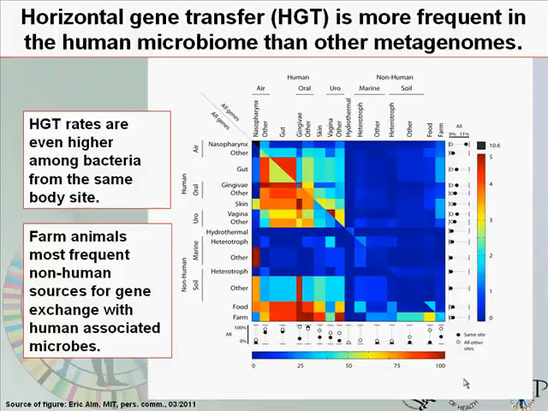And let me walk you through this because it's actually a complicated figure, but it captures a lot of really important information. One of the reasons why microbes are so successful on this planet is they don't limit their gene exchange to sex. They promiscuously share genes across all kinds of habitats and under all kinds of conditions. I mean, the best example we can offer is antibiotic resistance, right?